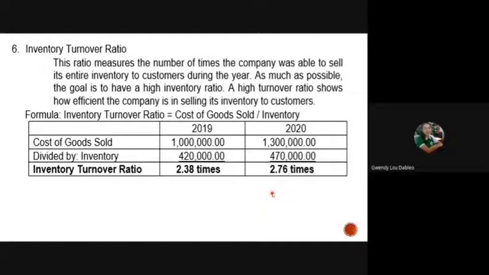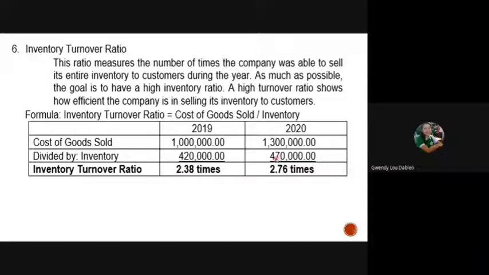Okay. So again, lahi pud ang focus sa inventory turnover. Atong i-determine unsa kapaspas ang pagbaligya, ang pag-dispose nimo sa inventory. Okay, using again the data for ABM company, we can compute this by dividing cost of goods sold by inventory. So for inventory turnover ratio in the year 2019, we have 2.38 times. 2.38 times siya mahalin.